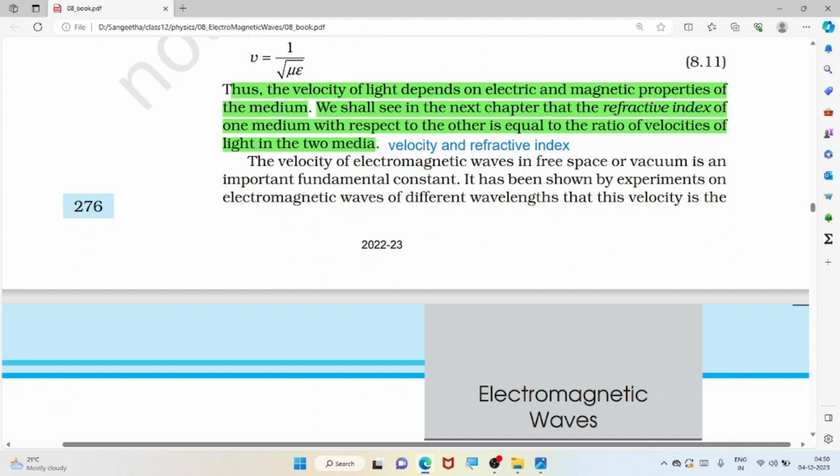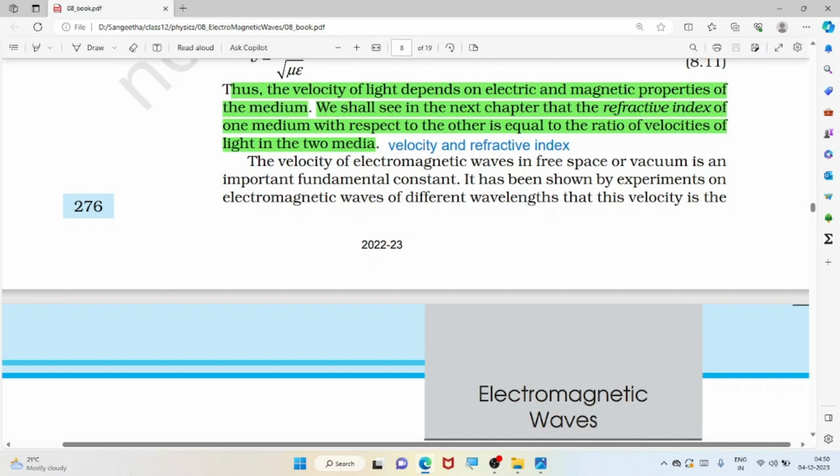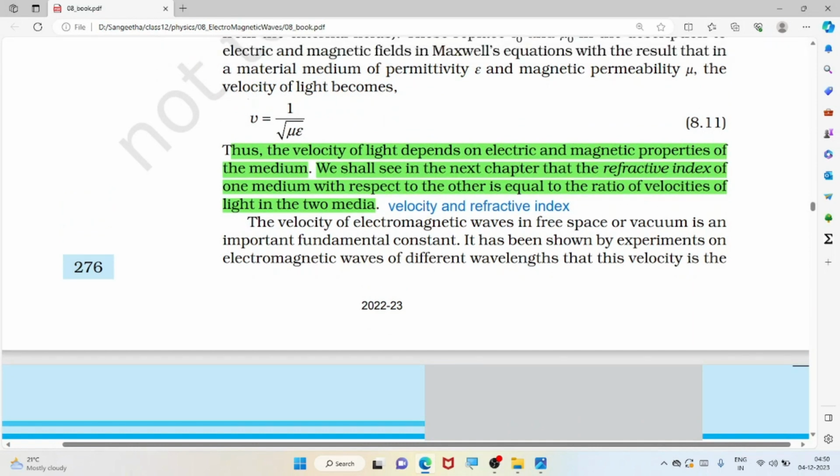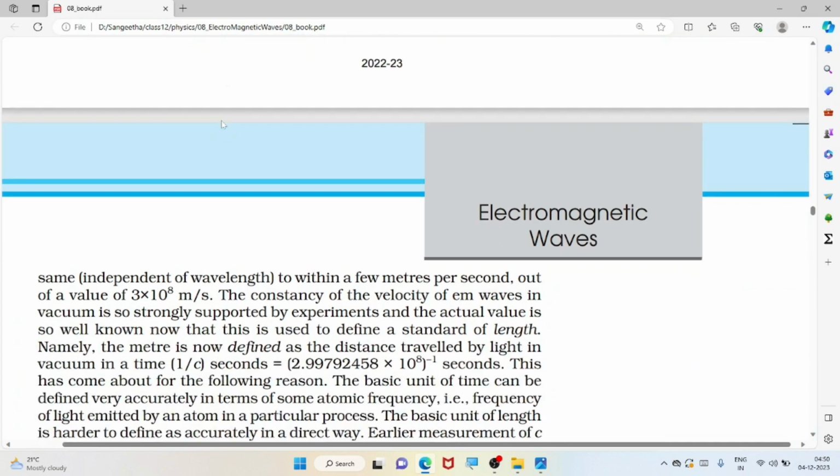The velocity of light depends on the electric and magnetic properties of the medium. We shall see in the next chapter the refractive index of the medium with respect to another is equal to the ratio of the velocities. Okay, velocity and the refractive index.